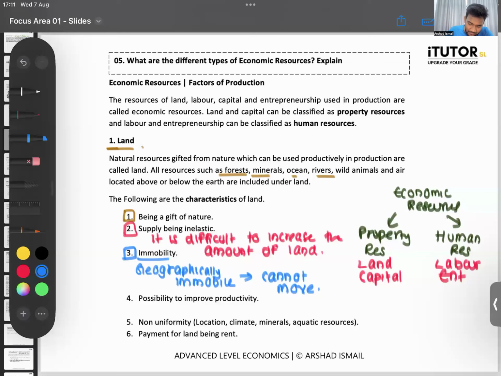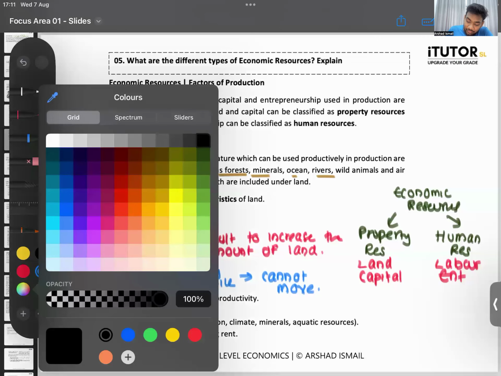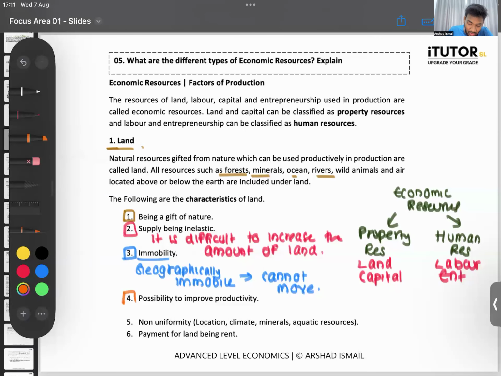Then also we say possibility to improve productivity. If you take a plot of land, what do the farmers do to improve the productivity of land? Let's say they are doing a plantation.